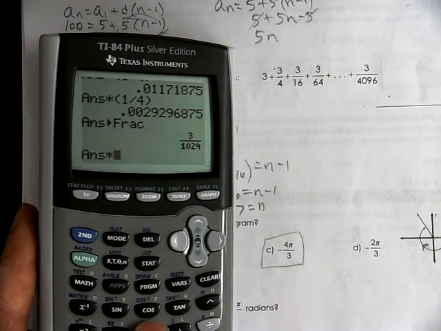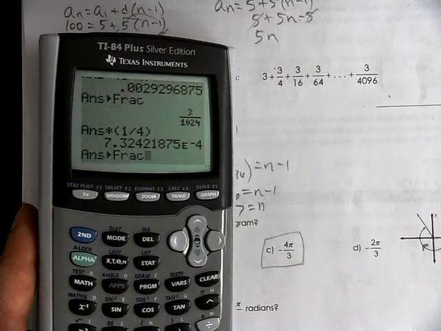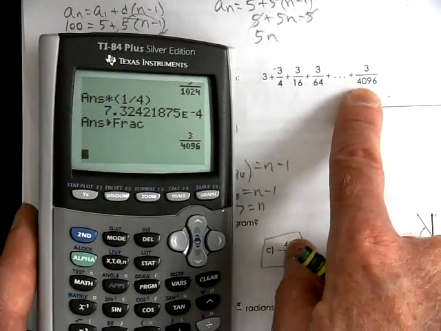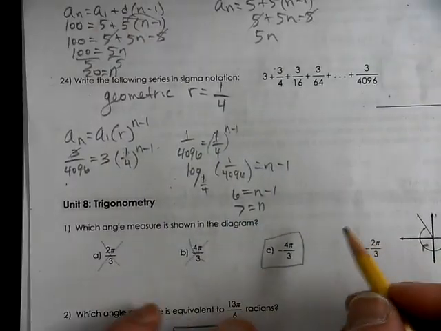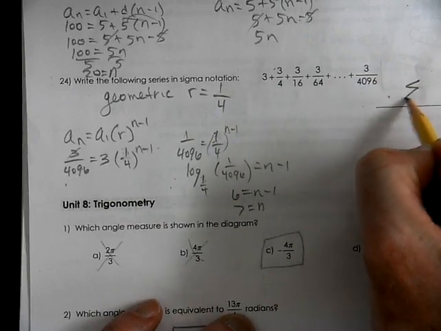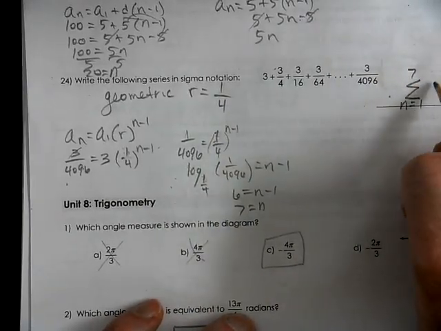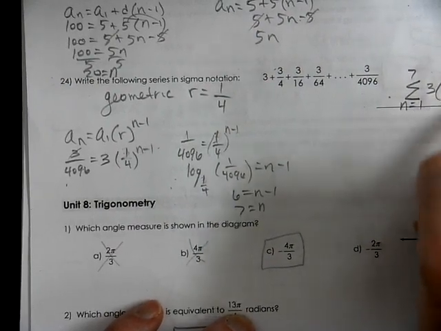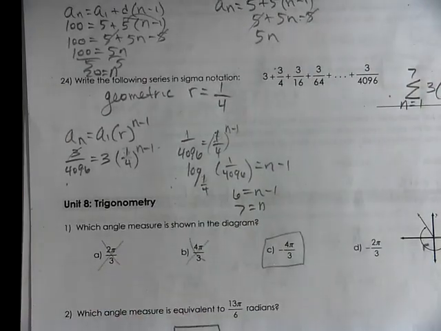So we're going to times that by 1/4 again. And that is the fraction that we're looking for. So there are 7 terms. And our rule is the first term times the ratio to the n minus 1. Finding the number of terms can be tough.